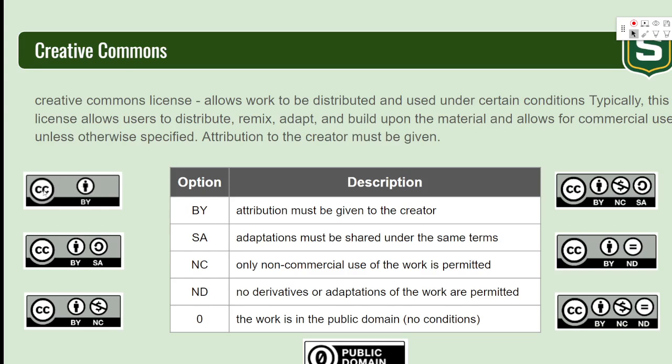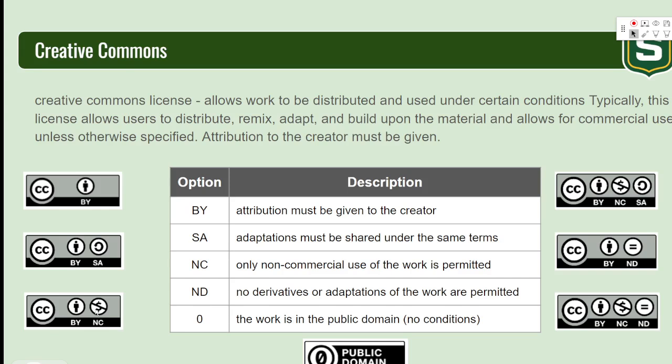Then you have this one, which is your standard one. Here you have Creative Commons, and attribution must be given to the creator. So that's what this symbol means. The SA means if you make any adaptations or changes, you must share it under the same terms.